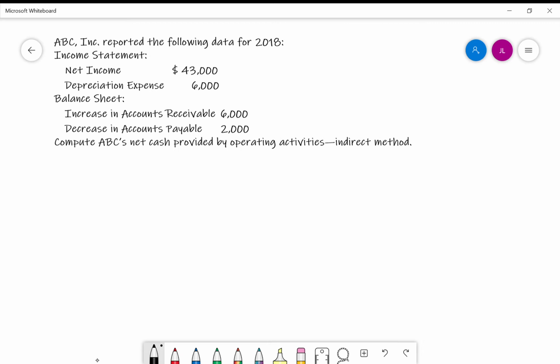So, if we were to have a statement of cash flows here, using the indirect method, we may see cash flows from operating activities.